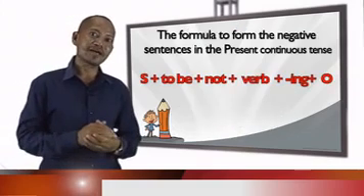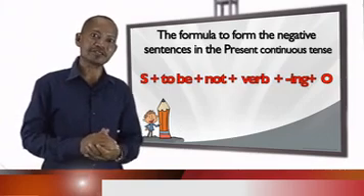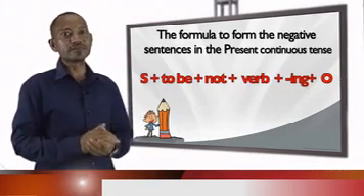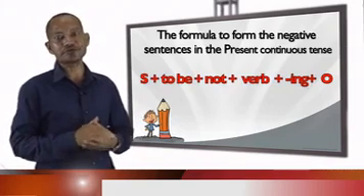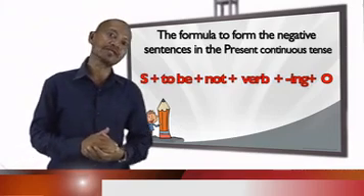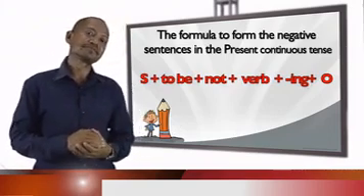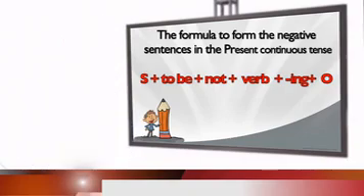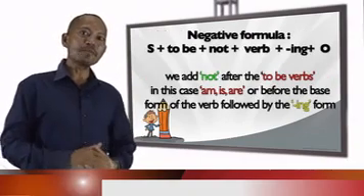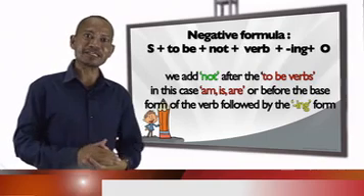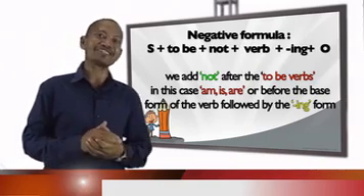Now let's look at how to form the negative sentences. Also, please refer to the formula on how to form them in the present continuous tense. To form the negative sentences in the present continuous tense is very simple.